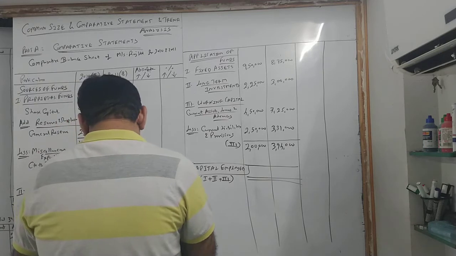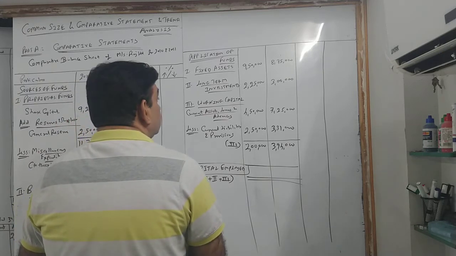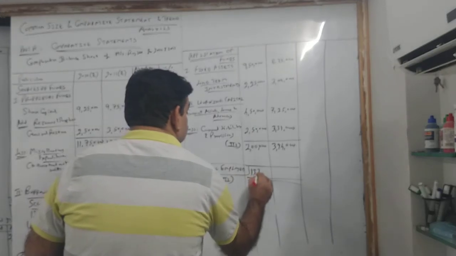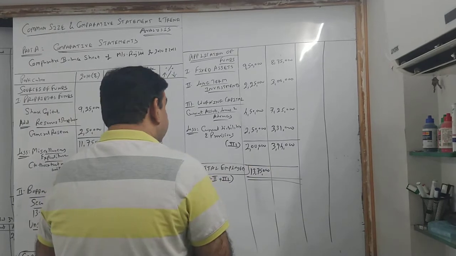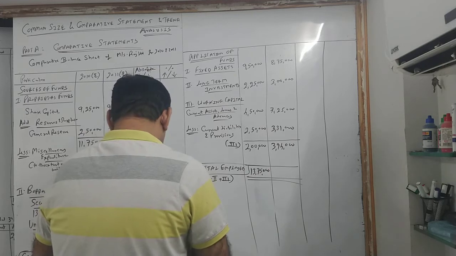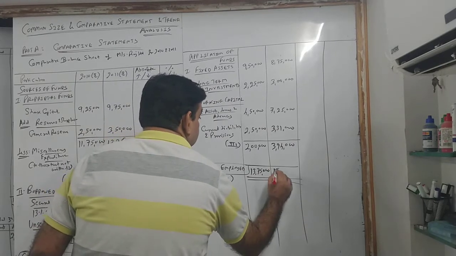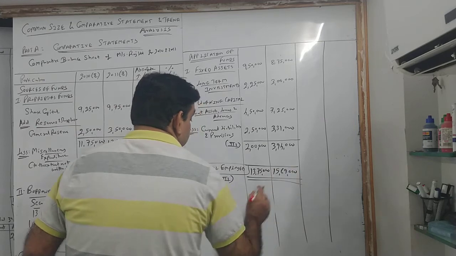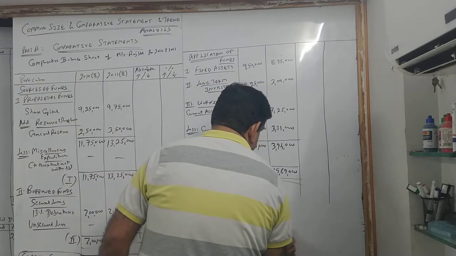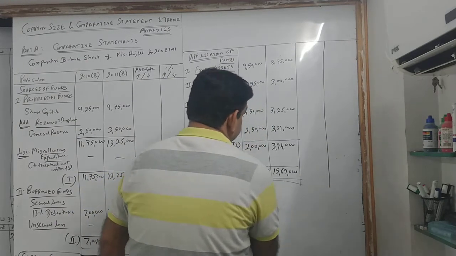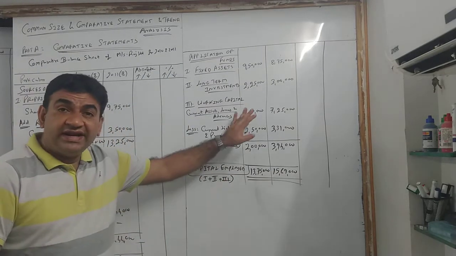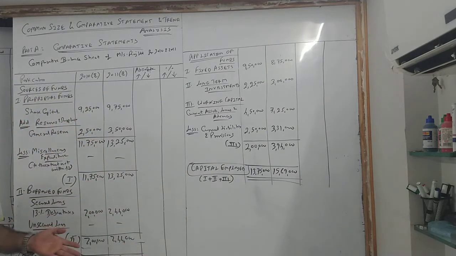So 950 plus 225 plus 2 lakh, 1375, 875 plus 3 lakh plus 394 gives you 1569. Okay, 1569. Got it guys? So I'll repeat. There was no new point in this conversion. This was the normal balance sheet what we did.